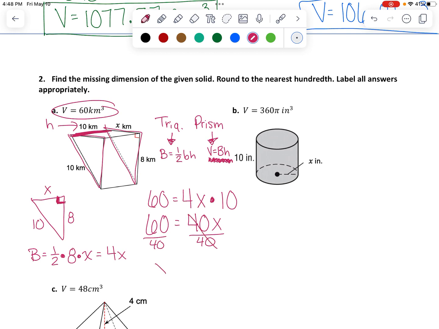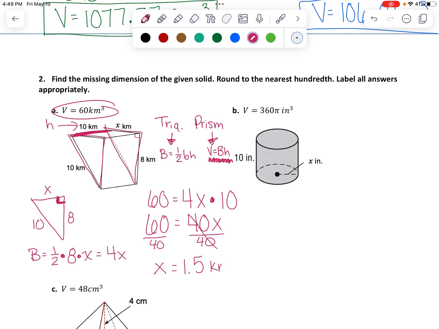Divide by 40. X equals, is it 1.5? Which in hindsight is wrong.